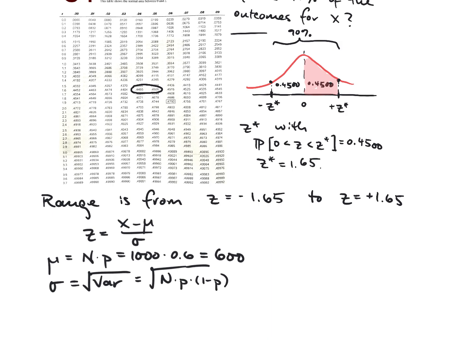And for the standard deviation, this is the square root of 1,000 times 0.6 times 0.4, right? 0.4 is 1 minus 0.6. So it's the square root of 240.